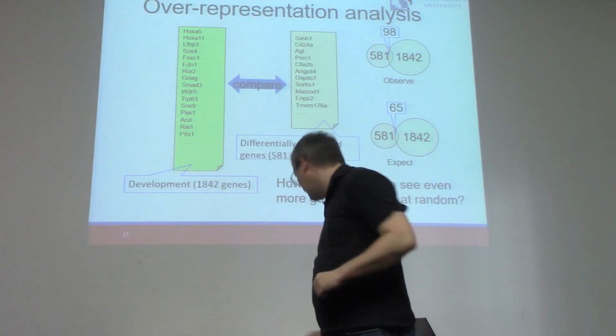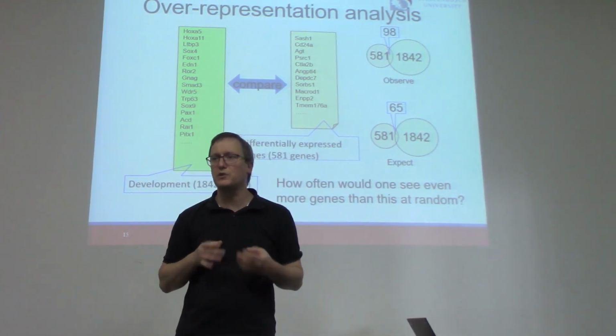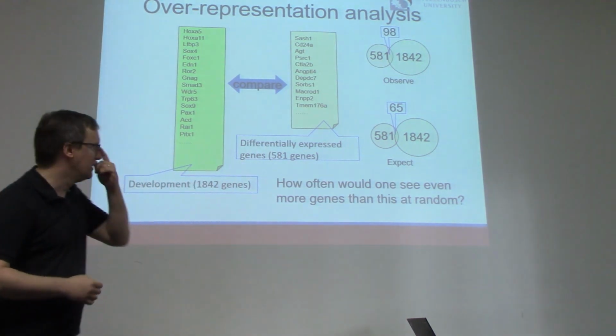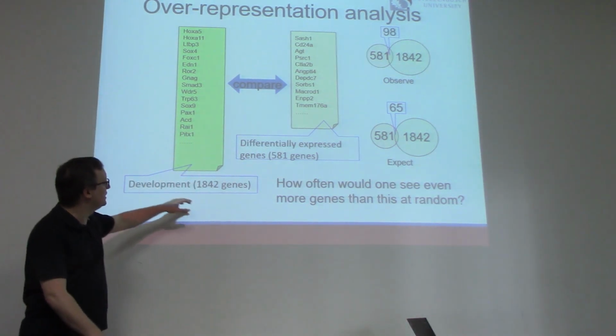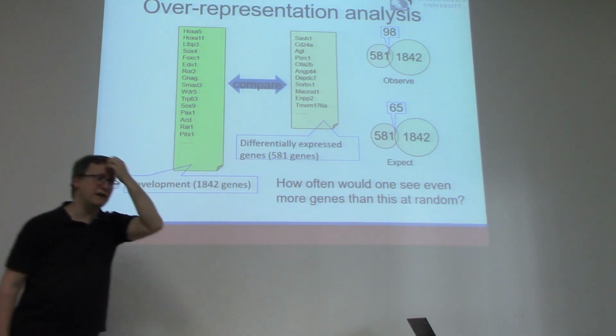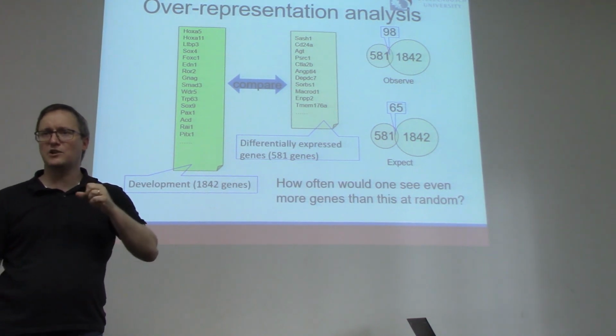So over-representation analysis is one of the types of analysis that are most commonly used in the context of pathways and networks. So I want you to imagine that we have data that came from our microarrays, and the microarrays in this case gave us more than 500 genes that it claims are differential.